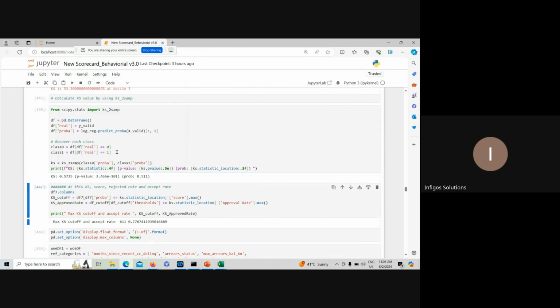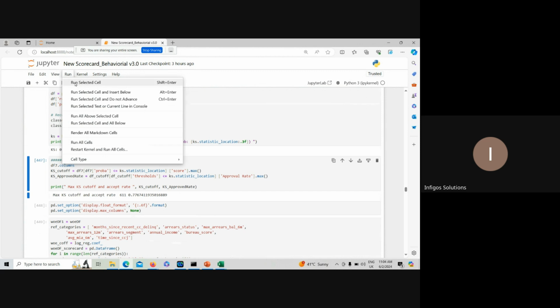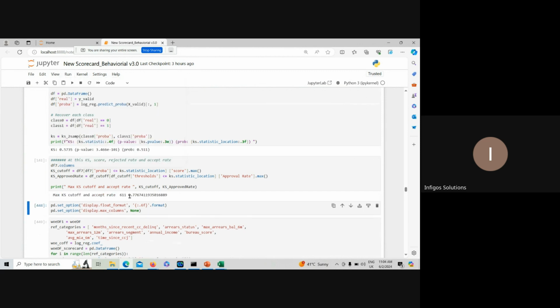To calculate that, we use AS2 sample. It will give us the probability, at which probability we're getting the cutoff. And using this particular table which we have plotted before, we will find out what is the acceptance rate, which is 77.6%.